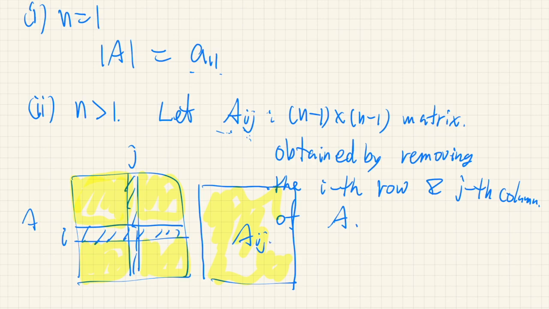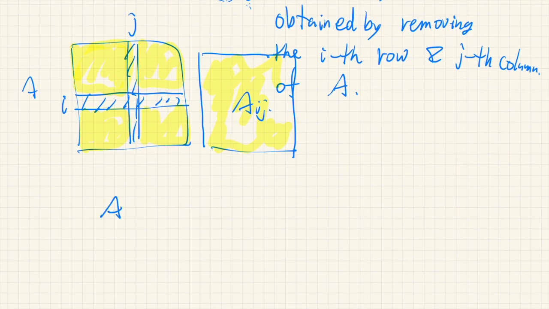Then the determinant of A is given by this. So j runs from 1 to n of negative 1 to the power of i plus j, and here i is any natural number from 1 to n.